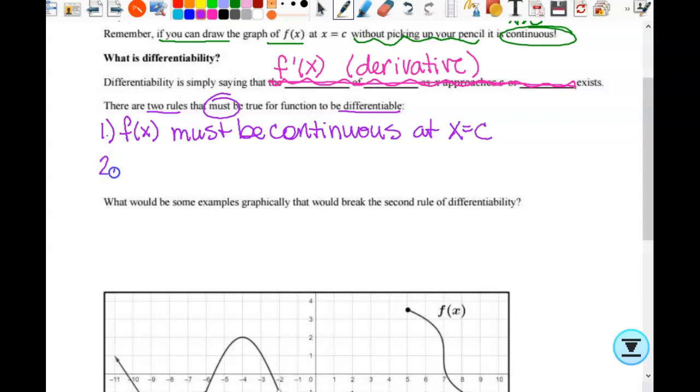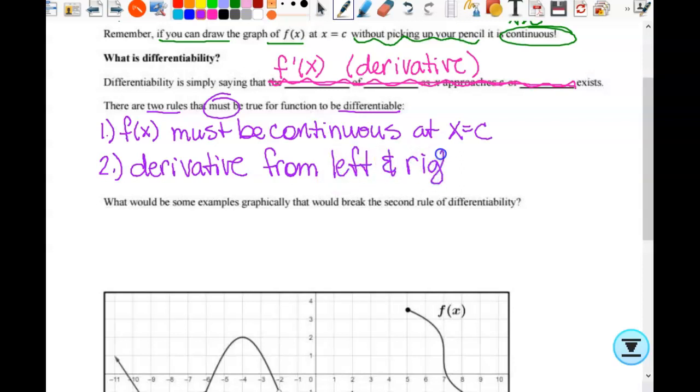And then number 2, the derivatives from the left and right are equal.